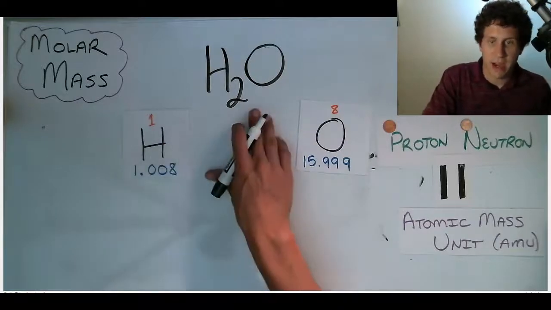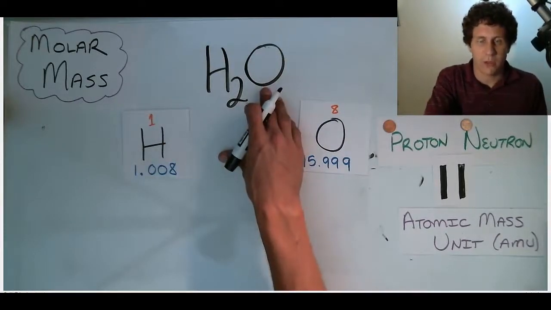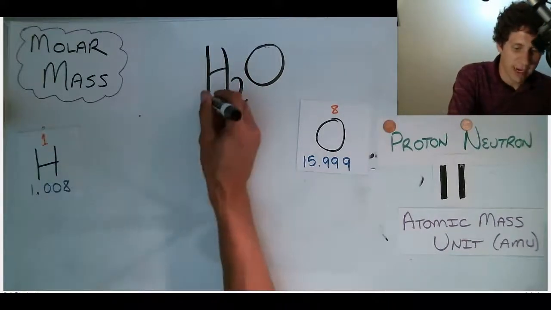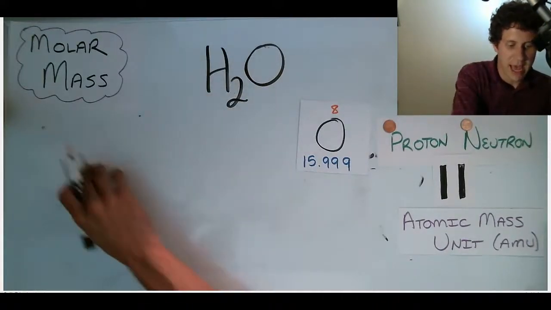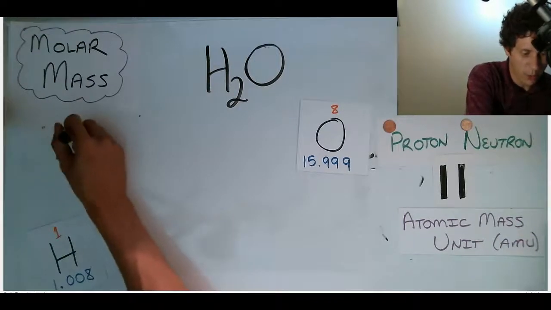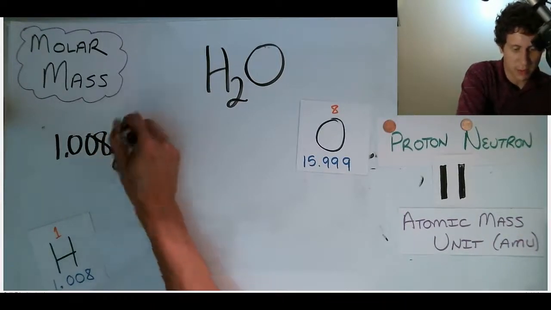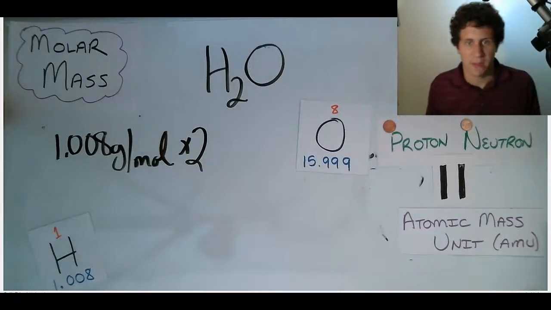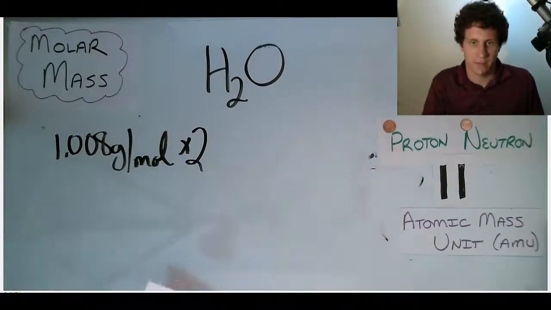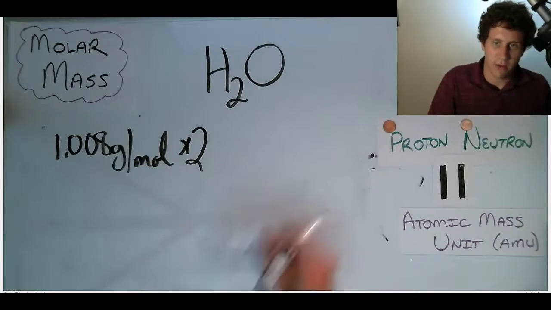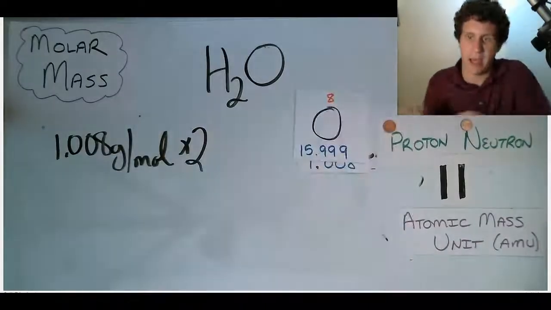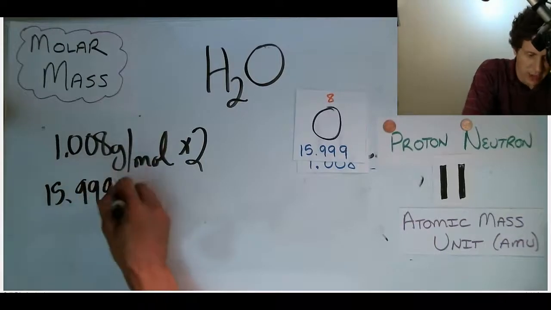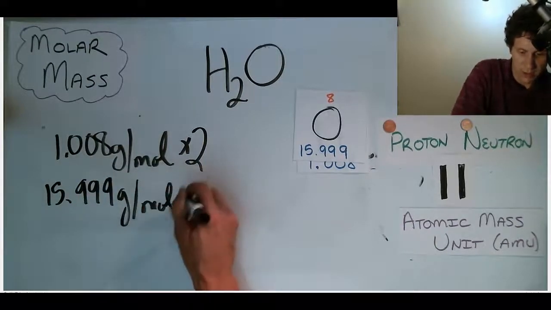Now, finding out the mass per mole for water is really simple if you know the parts. So I know that for each hydrogen it's going to weigh 1.008 grams per mole. But I have to account for the fact that there are 2 of them per unit. I also know that for every oxygen I have, it's going to weigh 15.999 grams per mole, and I have 1 of those.